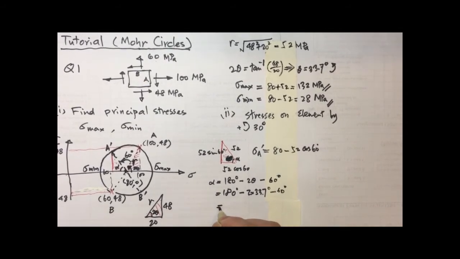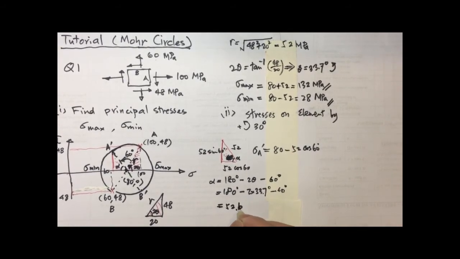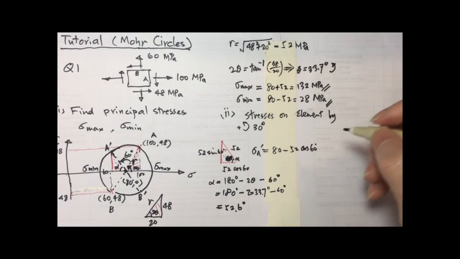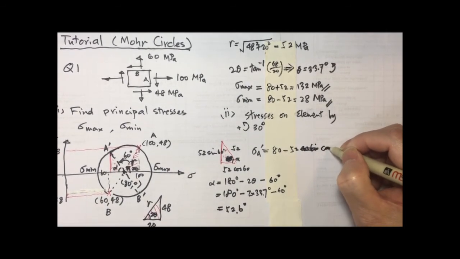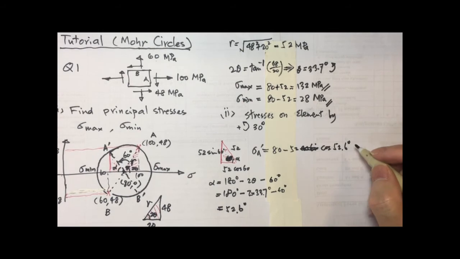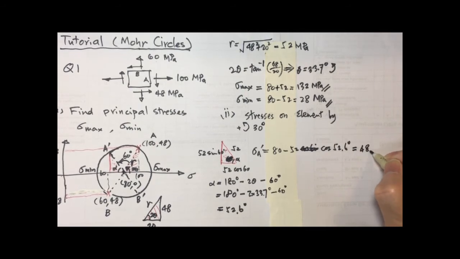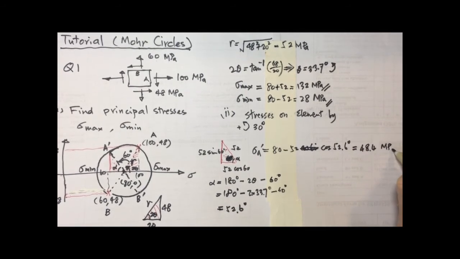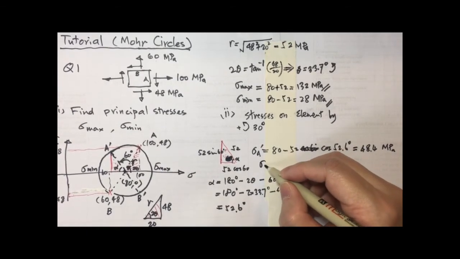So you got what? 52.6 degrees. So that's alpha. Cosine alpha, right? Alpha 52.6 degrees. So it gives you what? 40.4 MPa. And what about the sigma B dash?